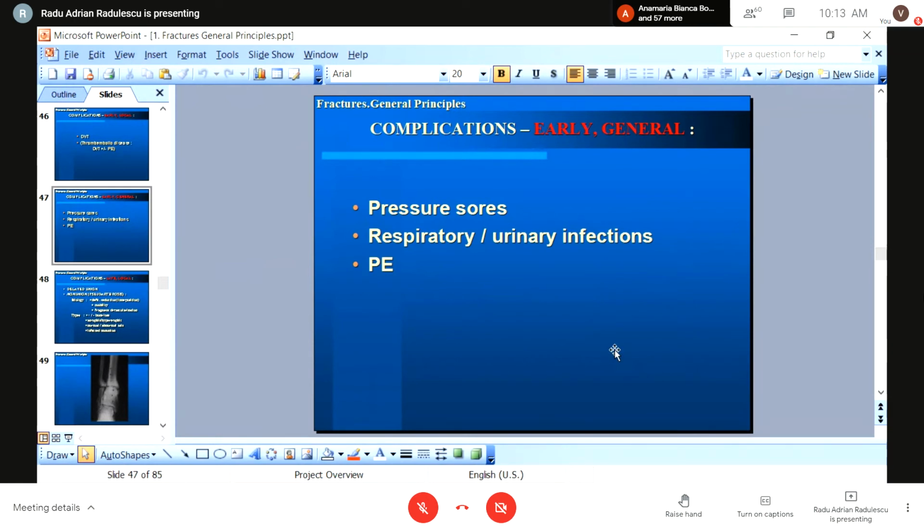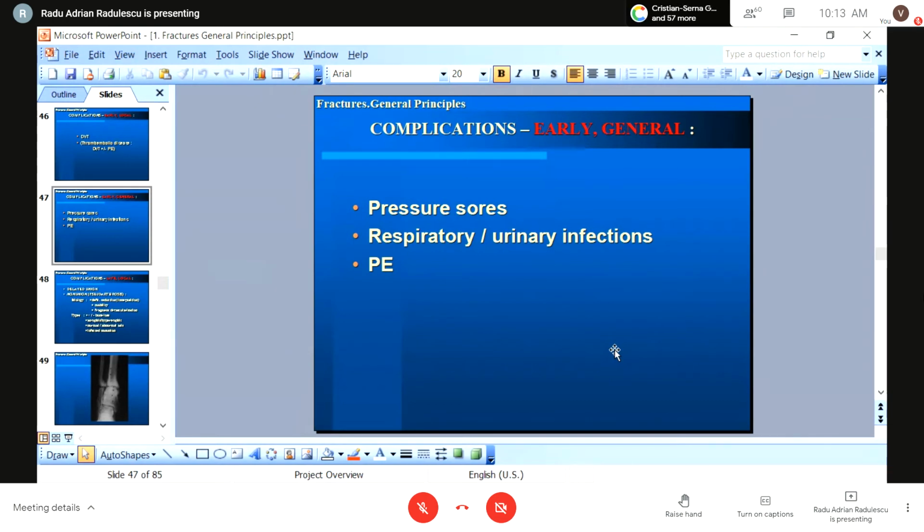Other complications may be pressure sores due to bad immobilization or due to casts which were improperly applied on that segment of the limb.